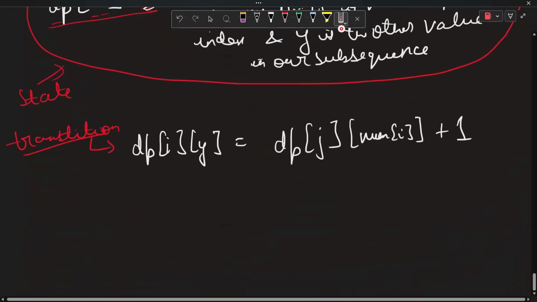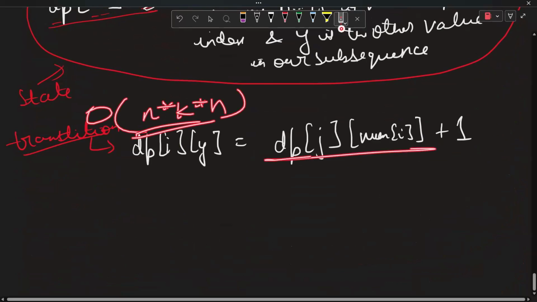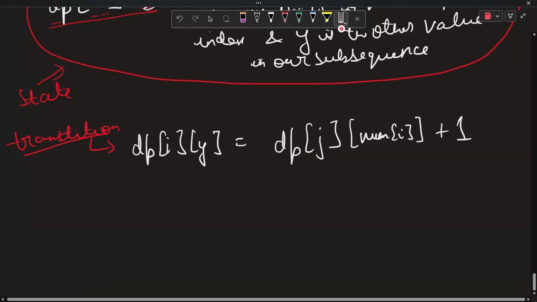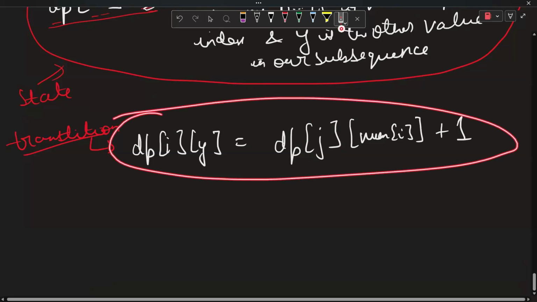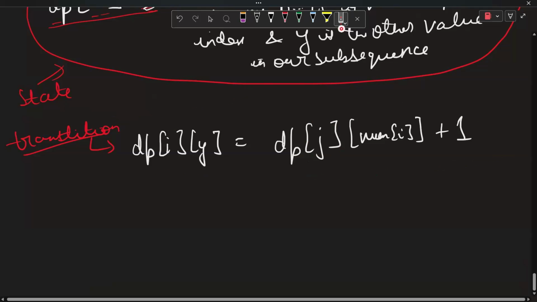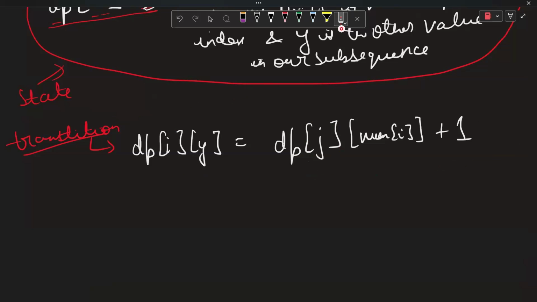And if my transition is O of n and my state is already n into k, then my final time complexity would become n into k into n. So this would again give me a TLE. So I need to write this transition in O of 1. How can I find this j? That's my only problem. If I can find this j in O of 1, I can write this transition in O of 1, and then my n into k time complexity solution would work.